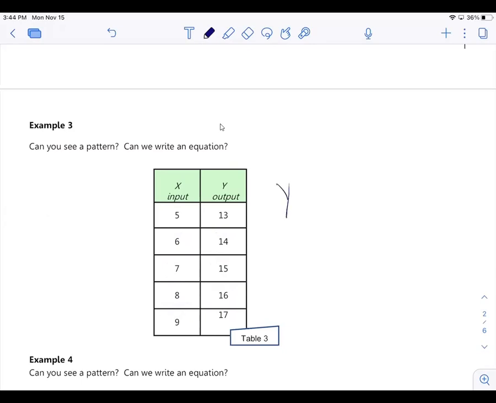Nice, Jonathan. Thanks, Delaney. So another way you could check it too, besides relying on Desmos, is just take your time and input 5, see if you get out 13, input 6, see if we get 14, input 7, and so forth.